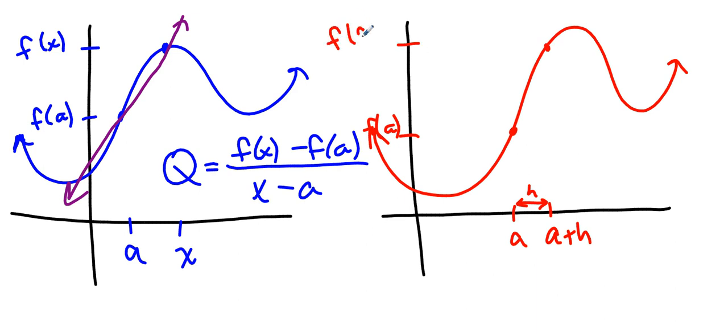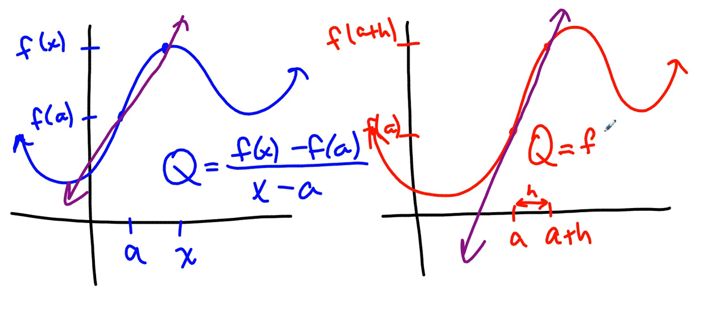This is f at a plus h. And they also draw a secant line, and they pretend that the secant line is like the tangent line. And we again find the slope. We'll call that slope q because it's the same kind of slope, so I don't have to change names. And again, the slope of the line is the change in y over the change in x, but the change in x is just h.